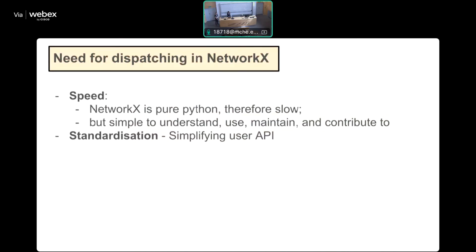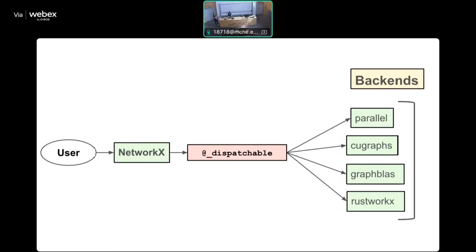So in NetworkX, the need for dispatching was mostly that we needed it to be fast because it's pure Python, but we also don't want to change that because it's simple and easy to use, maintain, and contribute. Also, there were a few packages that were implementing subsets of algorithms.